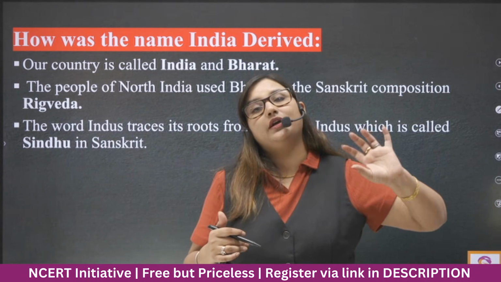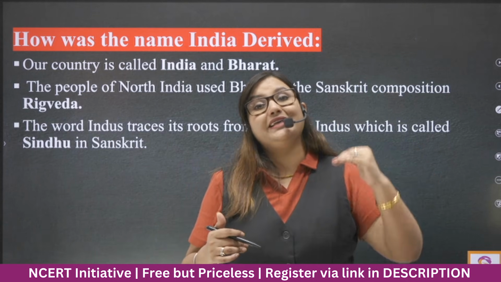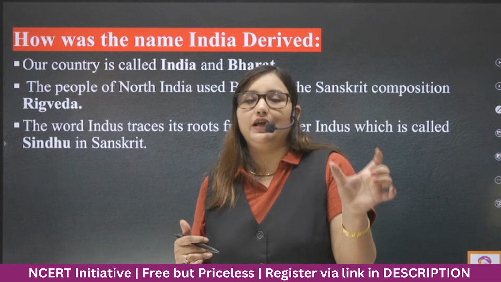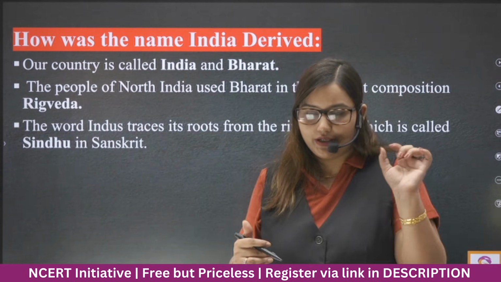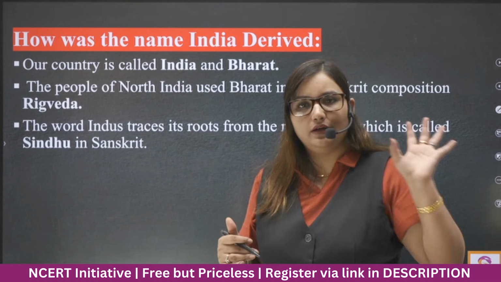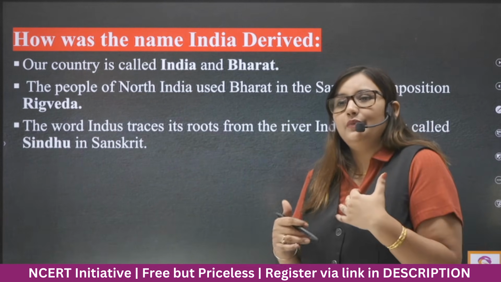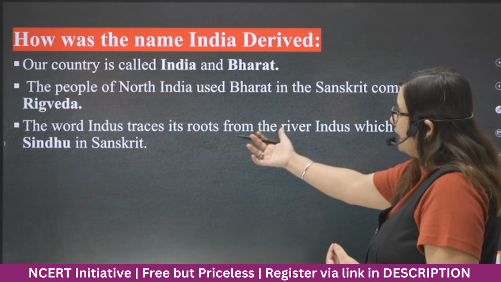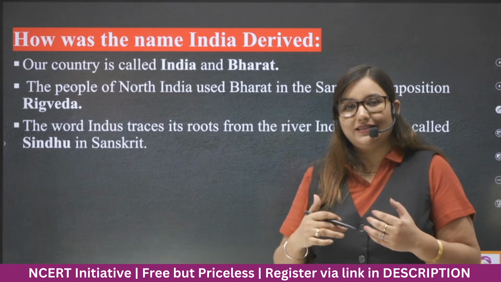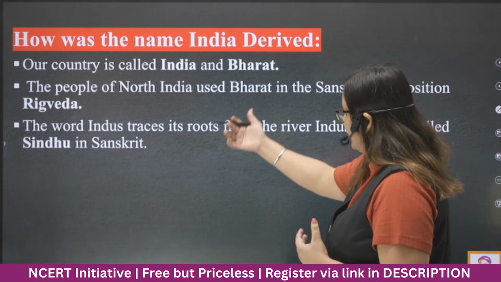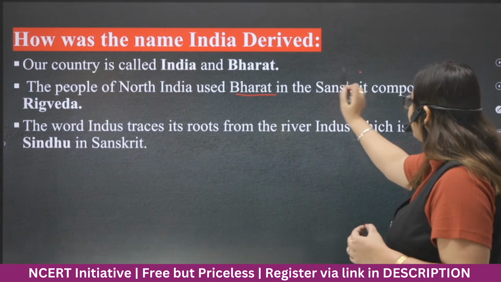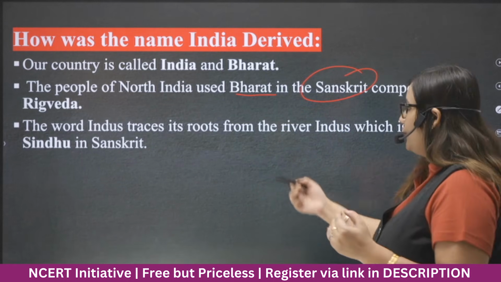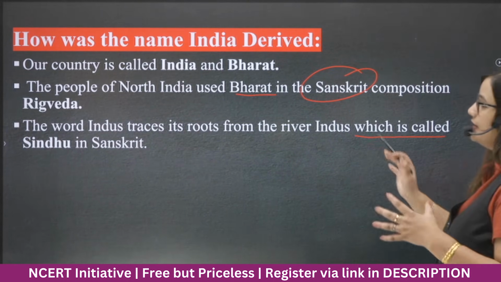So from there the word Hindu came, people living on the eastern side of the Indus River. And also there was a Bharat tribe in ancient times, from where the word has been derived. So there are many beliefs regarding the name. Okay, so our country called India or Bharat gets the name from the people of North India who use Bharat in Sanskrit compositions, Rigveda, and the word Indus traces its roots from the river Indus, which is called Sindhu in Sanskrit.